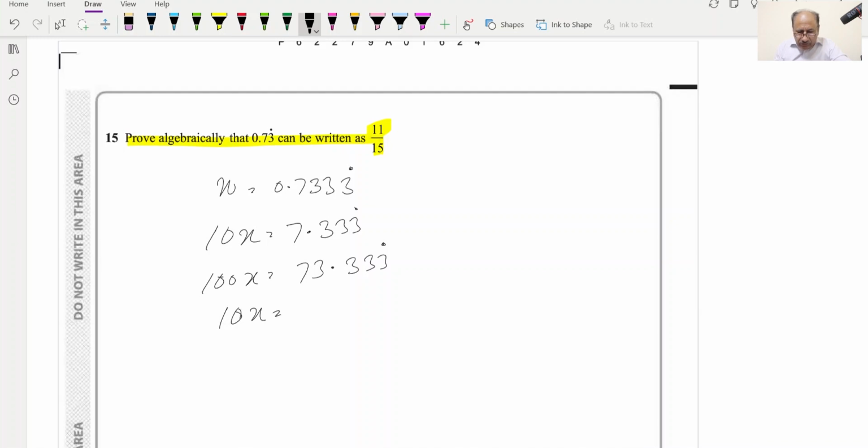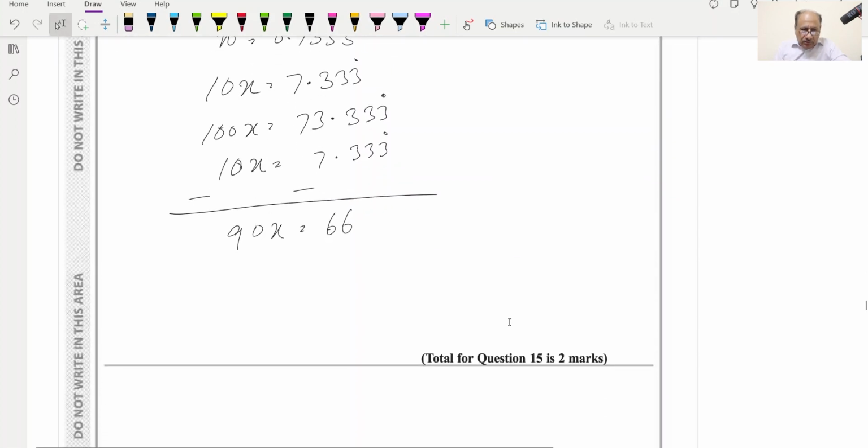So 10x is 7.333 recurring, and subtract this one, and this will be what? This will be 90x will be equal to 73 minus 7, which will be 66, and the recurring portion is gone, and we can write x is equal to 66 over 90.